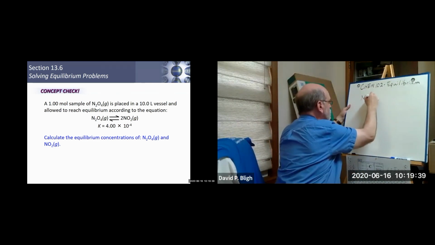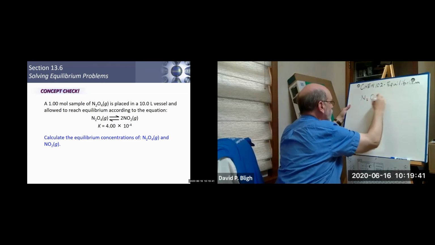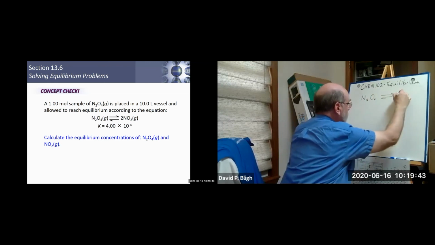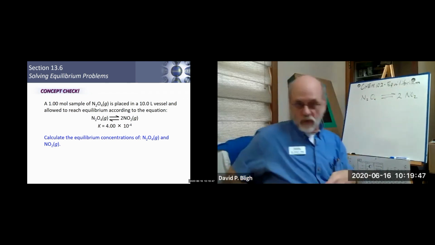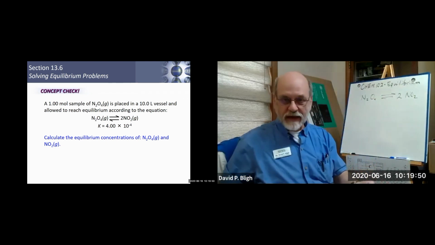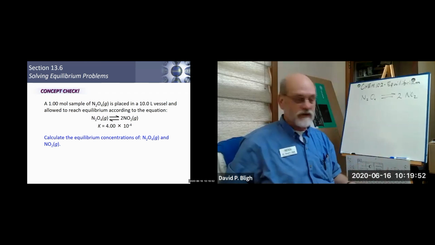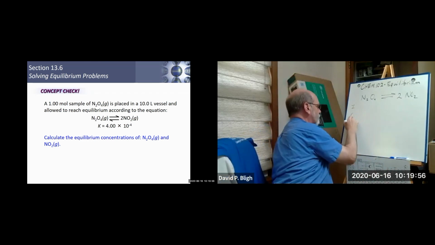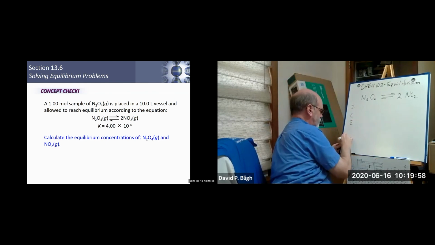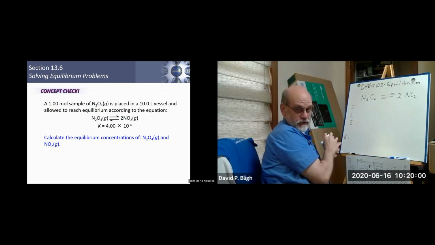Dinitrogen tetroxide decomposes, and we're homogeneous again, and the K is given to us. K is equal to 4 times 10 to the minus 4.